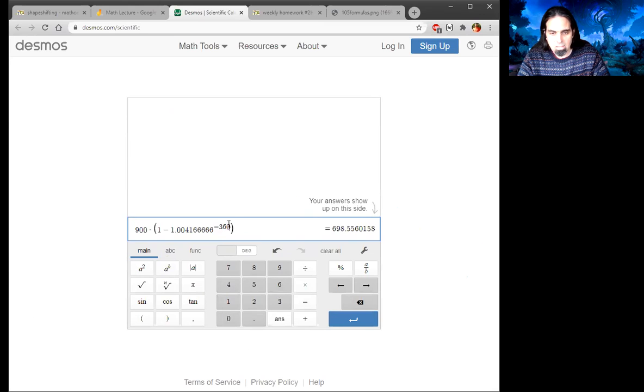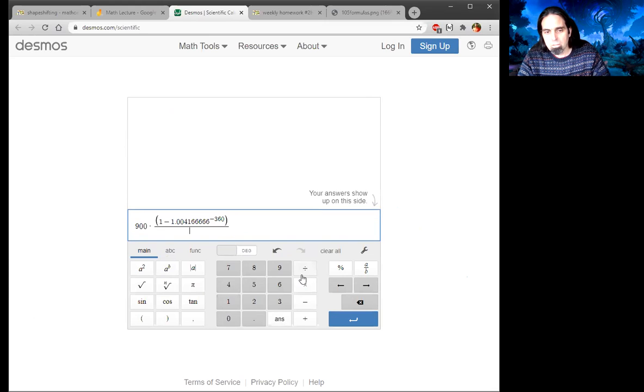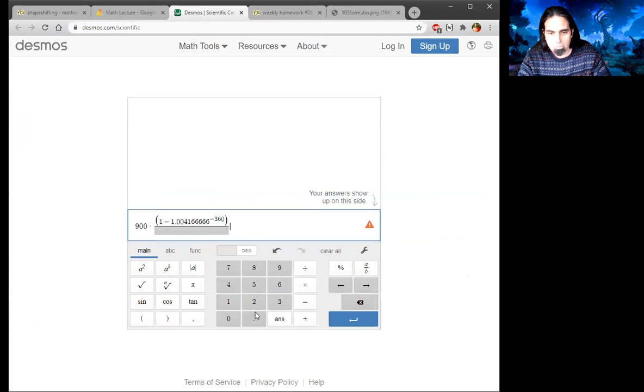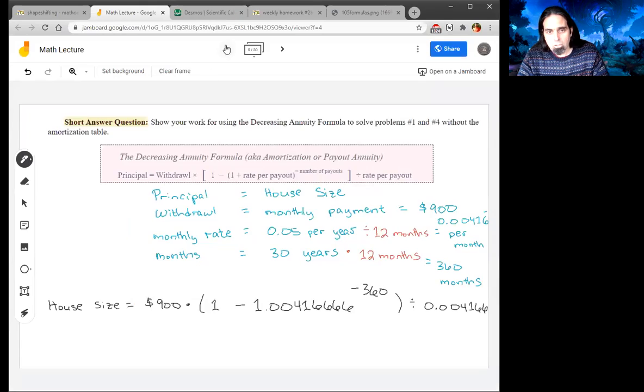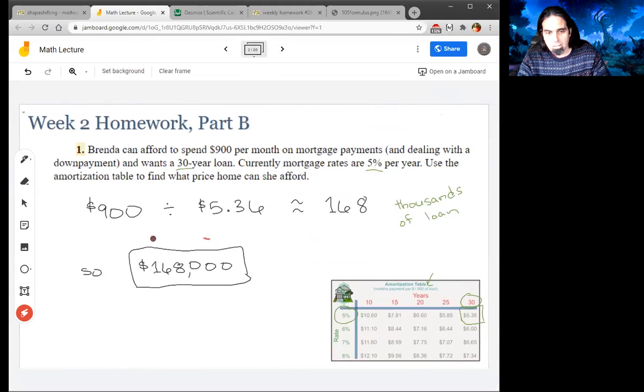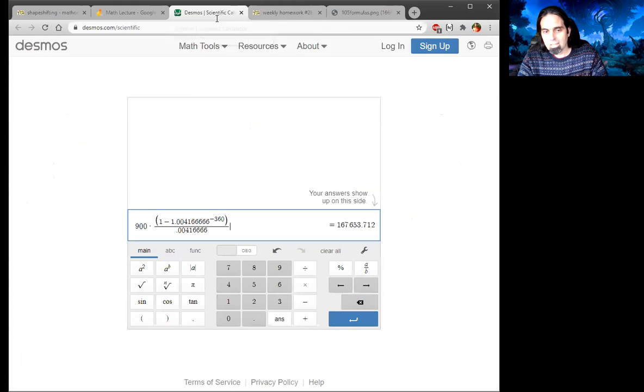And then outside of parentheses, when I do division, it likes fraction bars for some reason. So it doesn't make me happy, but there we go. Divided by the 0.0041 lots of sixes. And we get as an answer the same thing we did, so much easier with the table.